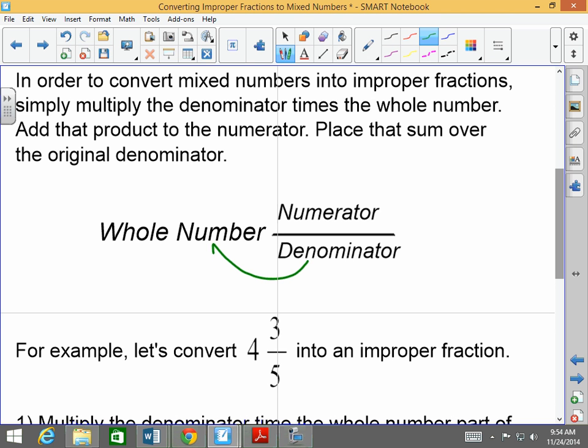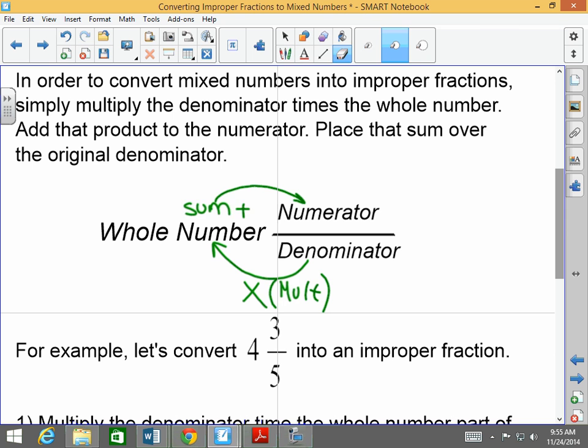So multiply denominator times whole number. That's where you multiply. That product, you add to the numerator.